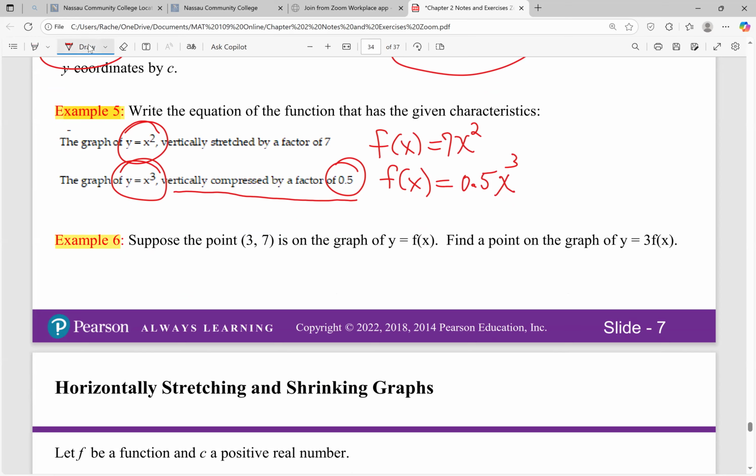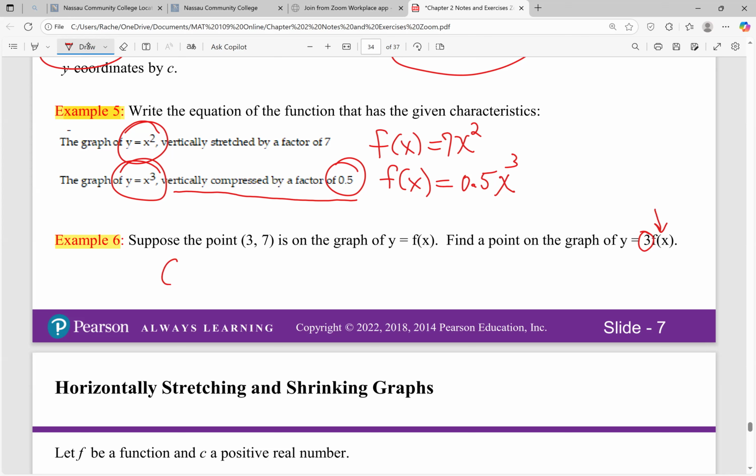Example 6 says, suppose the point (3, 7) is on the graph of y equals f of x. Find a point on the graph of y equals 3 times f of x. So this graph is being stretched by a factor of 3. So what's happening is all the y values, because remember, f of x is the same thing as y, are being multiplied by 3.